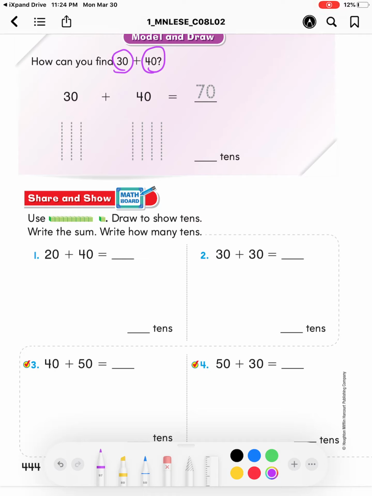If you want to write it using only tens, we will say 3 tens plus 4 tens. Why are we not mentioning the ones? Because here the ones is 0. Okay, so as long as we have here 3 tens plus 4 tens, it equals 7 tens. This is if we want to write it in tens only.